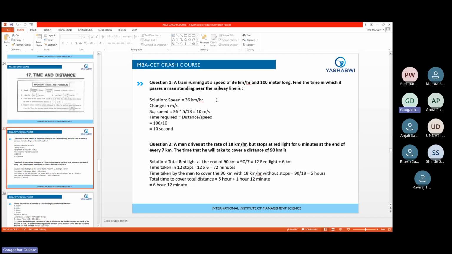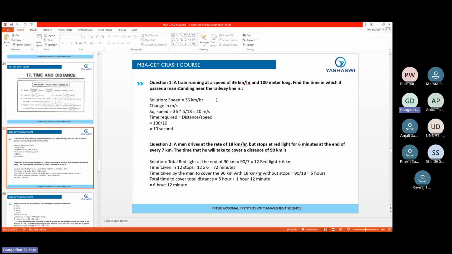In that case, we need both values in the same measurement, so we keep the same unit, meters. Speed equals 36 kilometer per hour, converted into meter per second: 36 into 5 by 18, which is 10 meter per second. Now we need to calculate the time using the formula speed equals distance upon time.